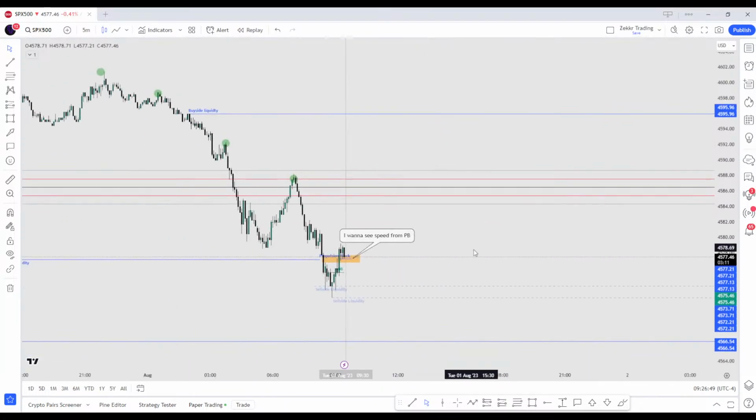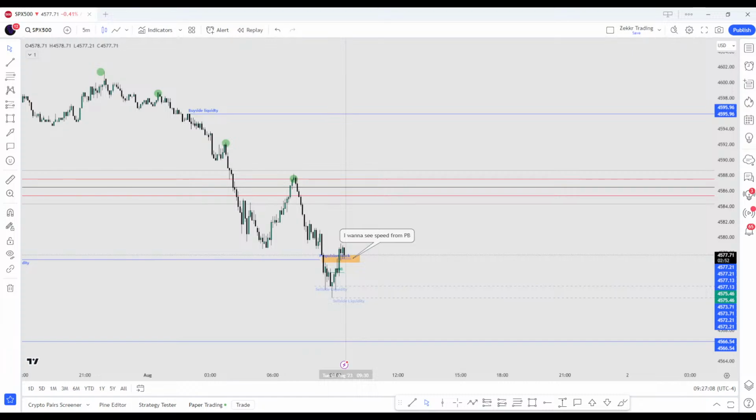There are 2 versions of liquidity: price based, or chart based, and time based.